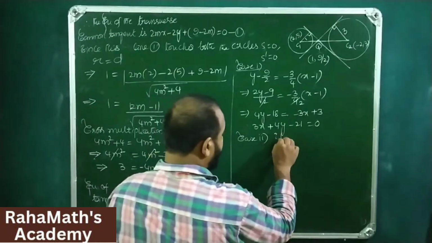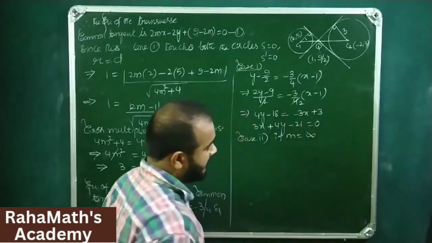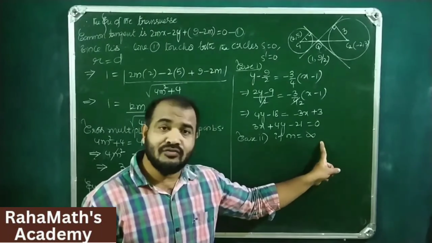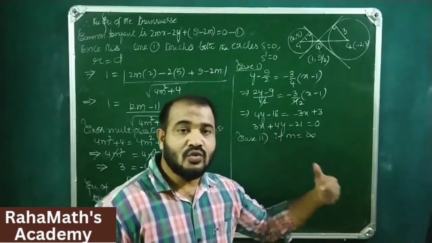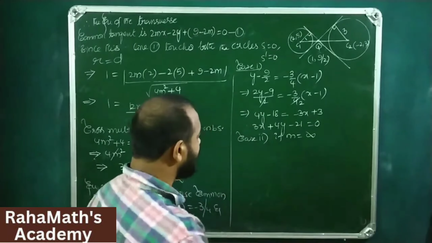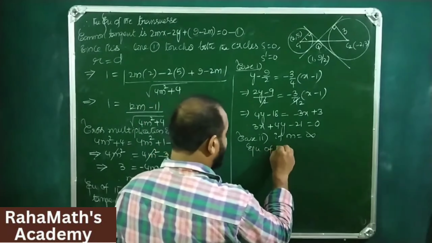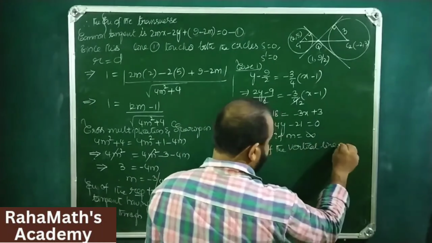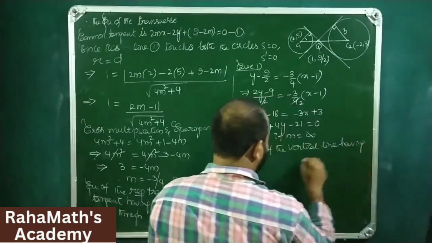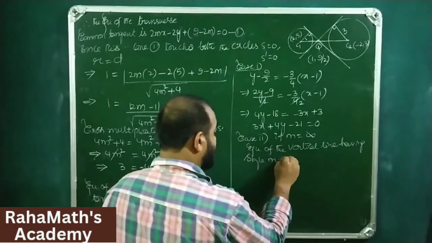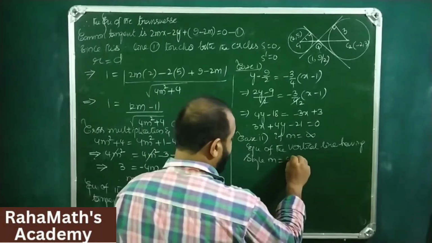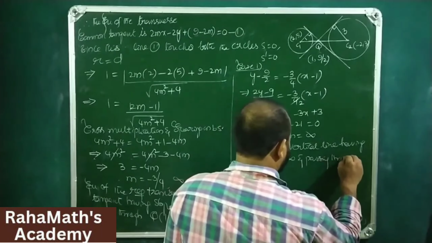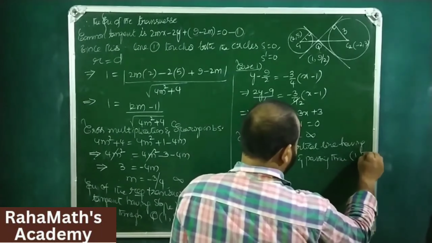So if m equals infinity, what does that mean? The slope is infinity. That means it is a vertical line. So what is the equation of the vertical line having slope m equal to infinity and passing through (1, 9 by 2)?